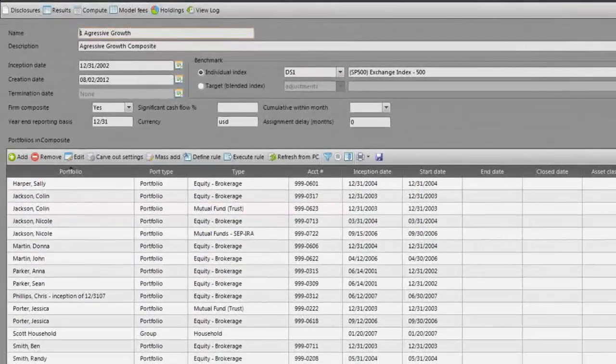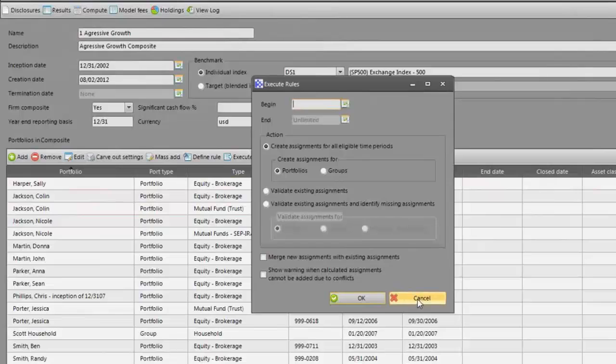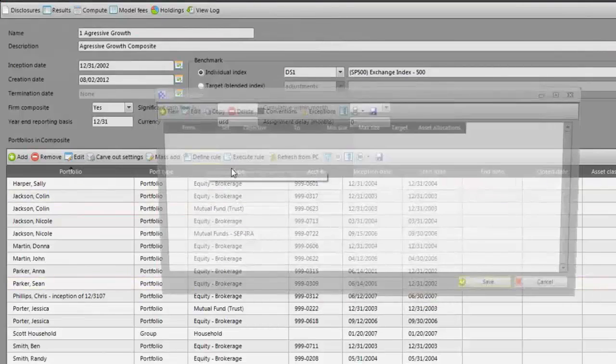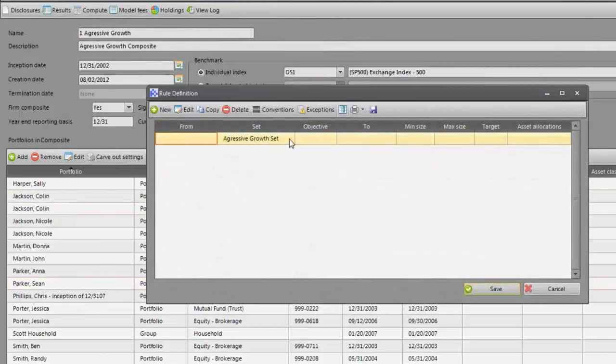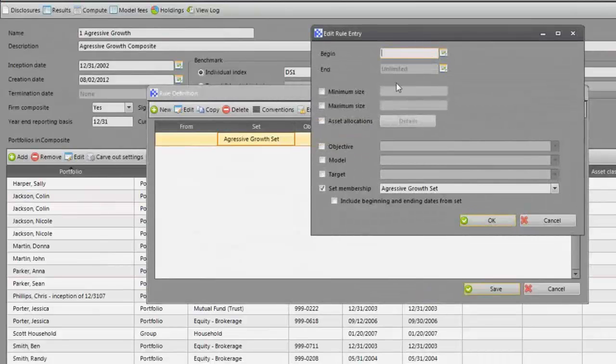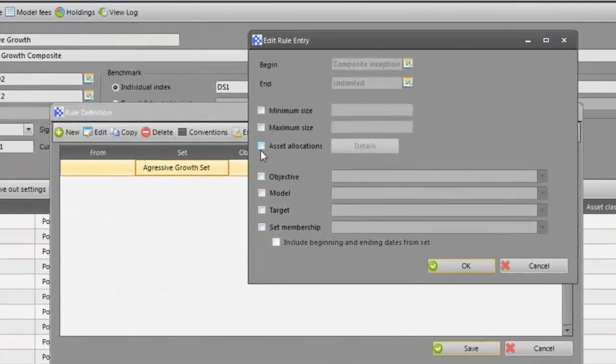Now, when we go to compute the, well, actually, let's look at one other thing here. Okay, that was a very simple rule. Rules can actually get much more complex. The rule can look at the portfolio size. It can also look at the portfolio's asset allocation.